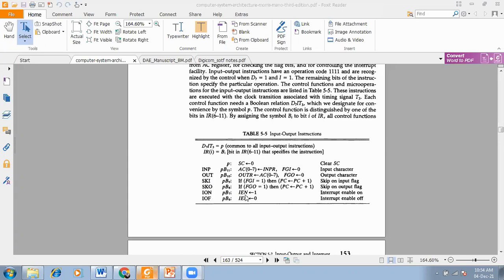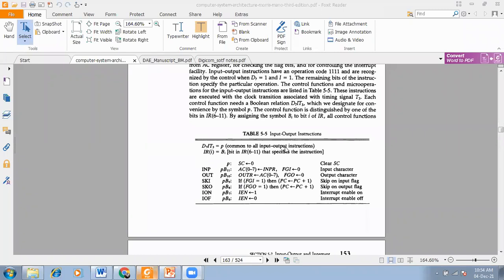So when the IEN pin has a high value, your computer is ready to accept some sort of interrupt. When this pin or flag is low, it is off now, so you can't take the interrupt.